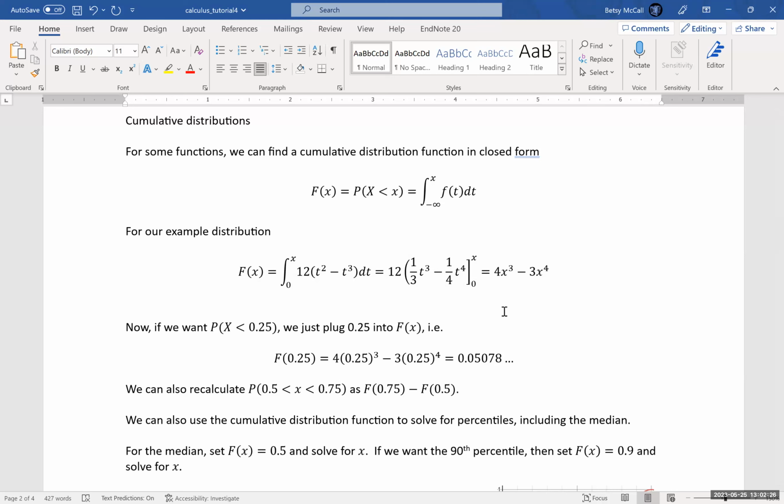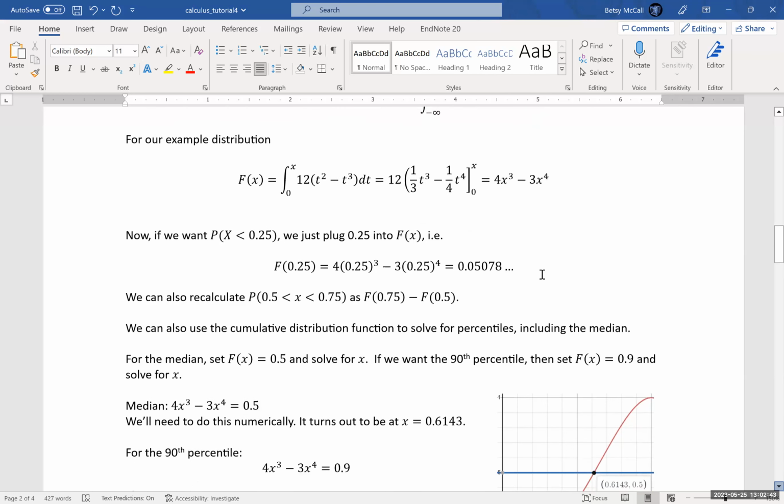Now, if I wanted to find the probability that x is less than, let's say, 1/4, then I would simply plug in 1/4 into this function, into this cumulative distribution function, and it would give me the value of that probability.